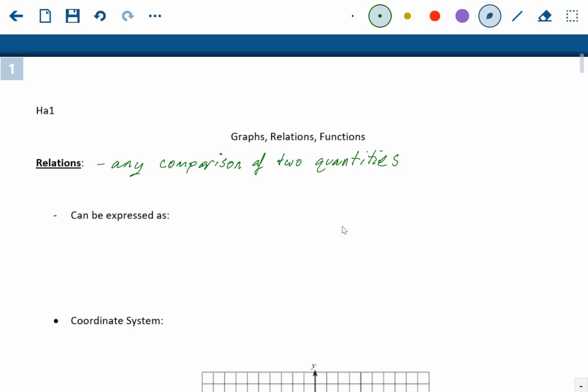All right, well, what are two quantities that we always see in math? Specifically when we graph them. A relation can also be defined as any set of ordered pairs. So those two quantities we normally see are x and y. So any set of ordered pairs.